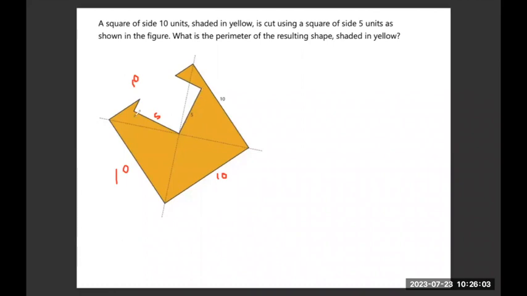This 5 square is cut out from it, which is of the value of 5. What you have to find is the perimeter of the resulting shape, which is shaded in yellow. You have to find its perimeter. Perimeter is the addition of all the edges.